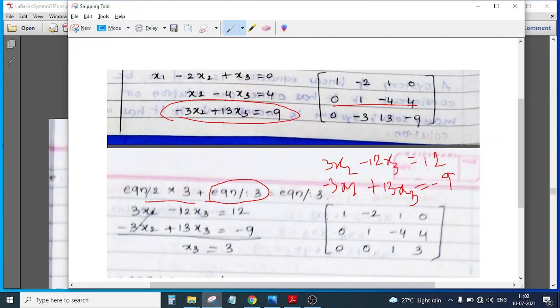Now, just add these two equations. What will happen? This x2 will get cancelled, plus and minus. And plus 13 and minus 12, what will you get? You will just get x3.